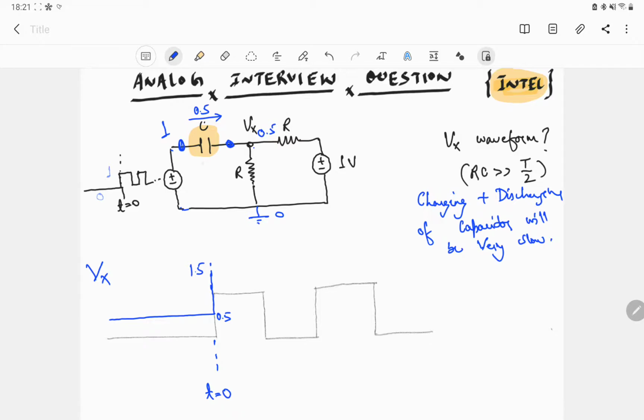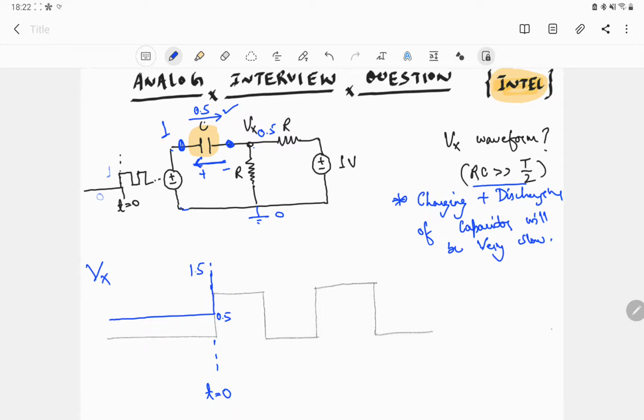So this kind of charge, 1 minus 0.5, the capacitor wants across it, but right now it's 0.5 in this direction. So the capacitor will try to discharge in this direction and charge in the other direction. But as we have discussed before, RC is much greater than T by 2. So charging and discharging time will be very high.